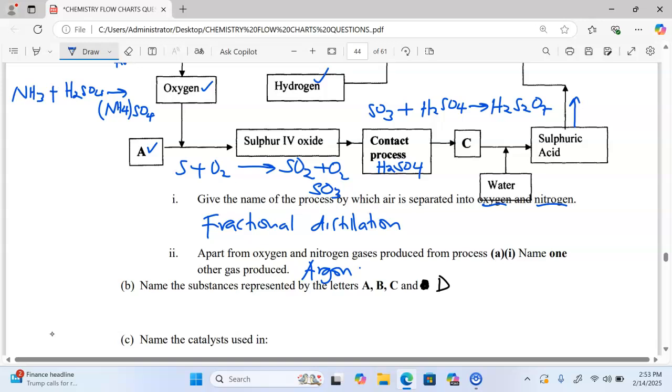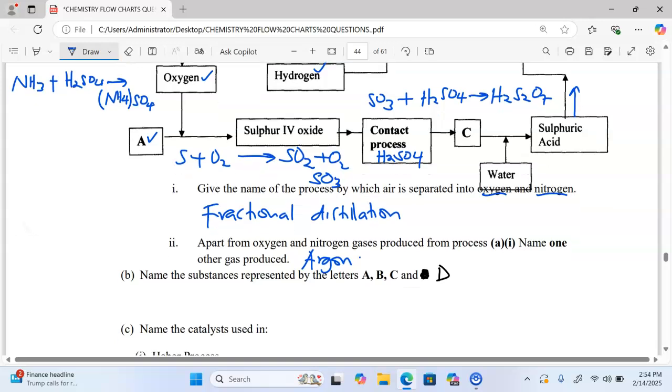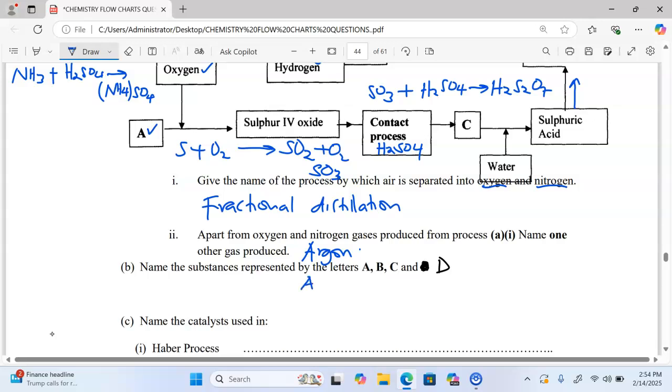B, name the substances represented by letters A, B, C and D. Let us look at A. A is sulfur.